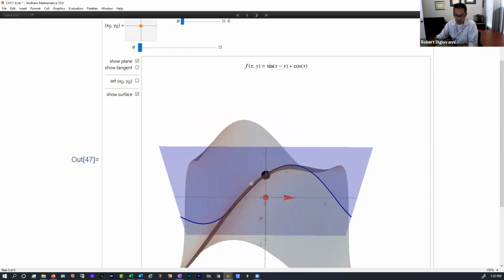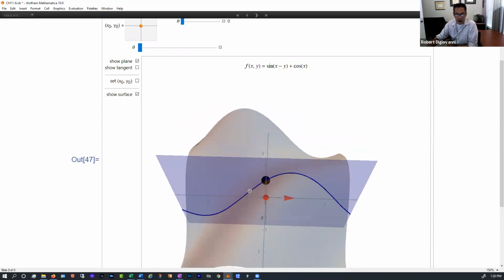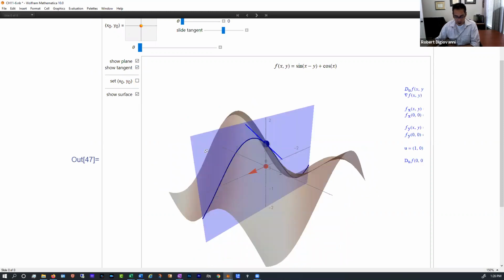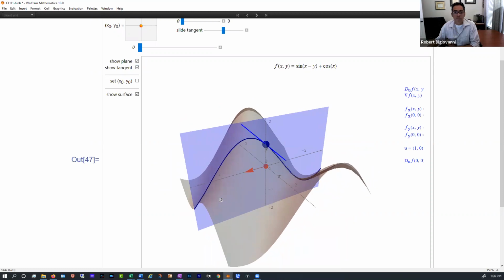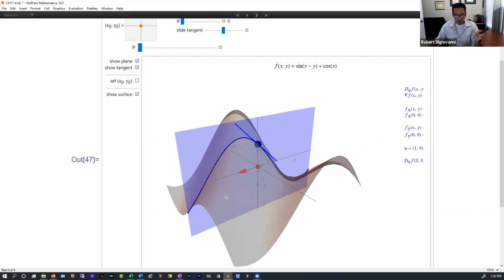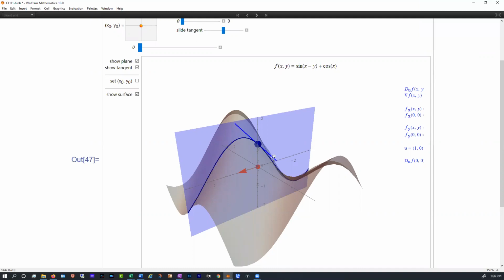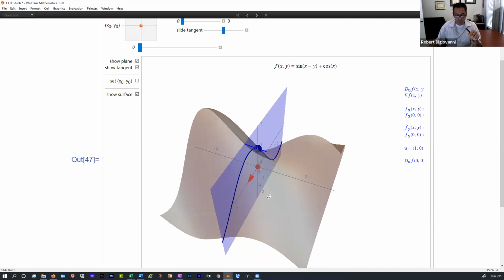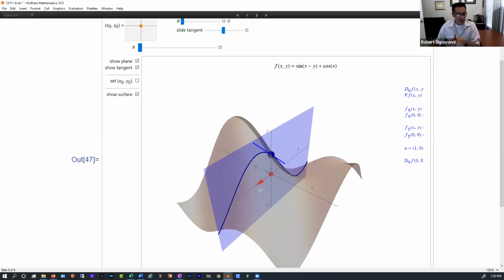We slice through with the plane in that direction, and then we have the slope of a tangent line at that point. Isn't that just the partial with respect to x? The slope of that line is the partial with respect to x, because we're pointed down the x-axis, and that means we're holding y constant.